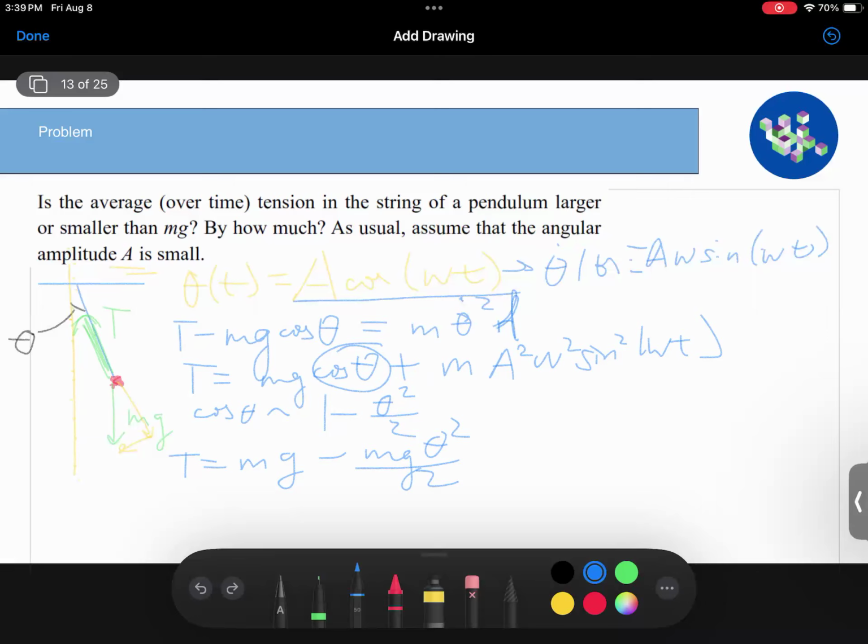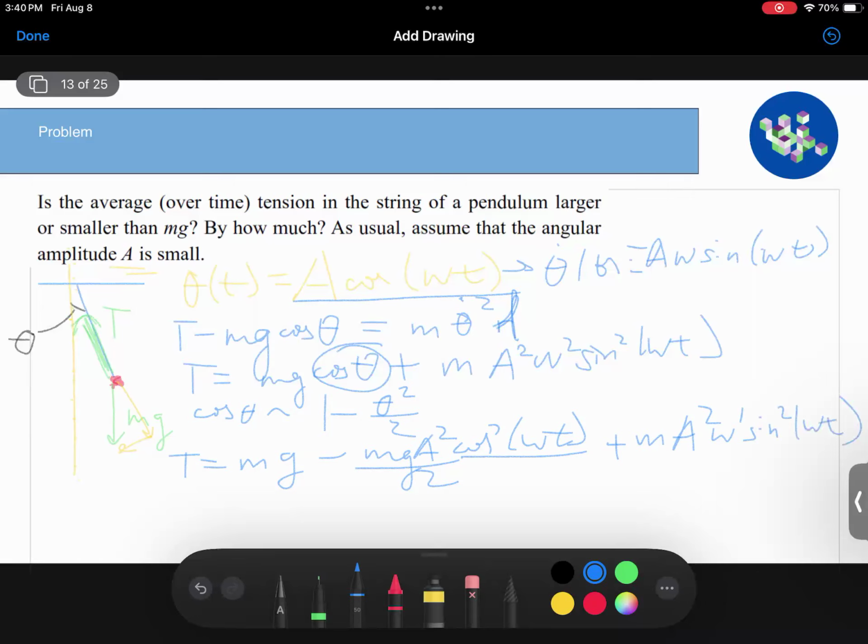So instead of writing theta squared, I'll write what we already know: minus mg A squared cosine squared omega t over 2, and then plus this term over here that we didn't add yet: m A squared omega squared sine squared omega t.